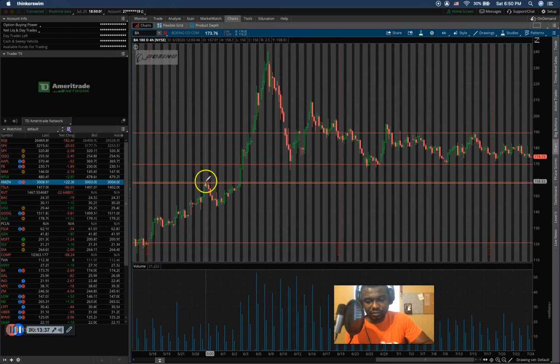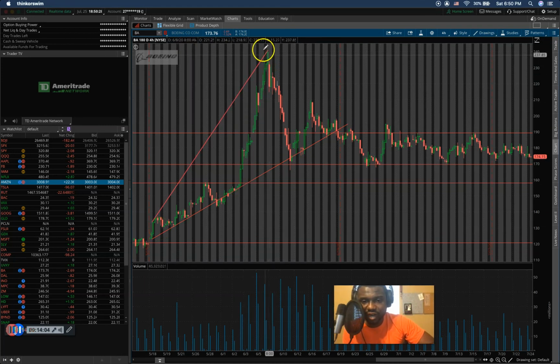And some people also draw diagonal lines. Like if they hit here, they might draw from this top point all the way to this top point. And then they might do all the lows and this low. And it creates some type of area that they think the stock might shoot up to, and if it breaks out of the area.